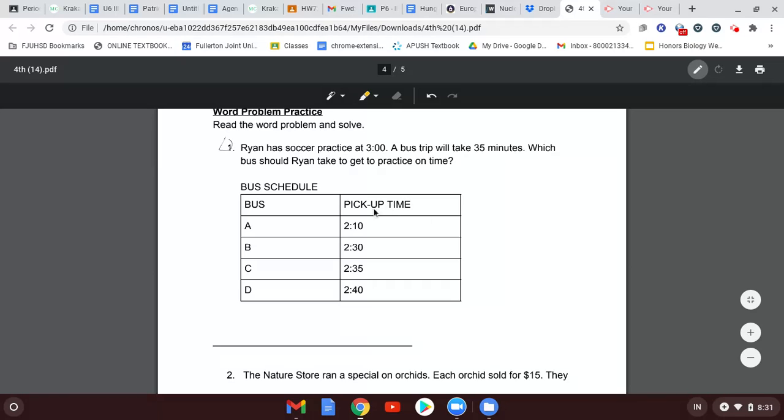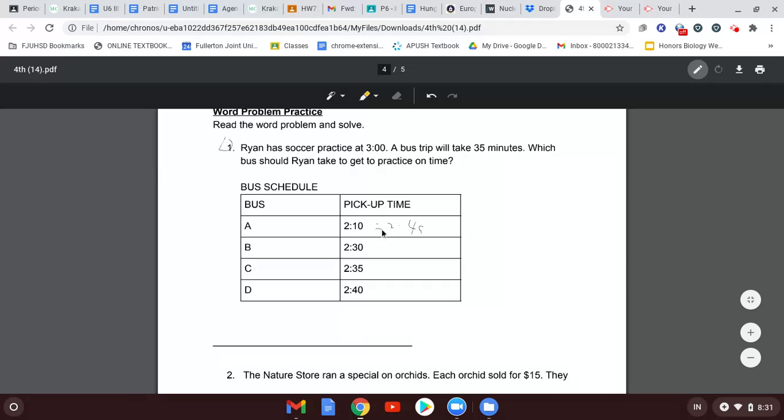So if he goes on bus A, which picks him up at 2:10, and it will take 35 minutes to get there, if you just add 2:10 plus 35, that will equal 2:45. Okay, which is not 3, which is actually at an earlier time, which means that he will arrive earlier than his practice, which is good.